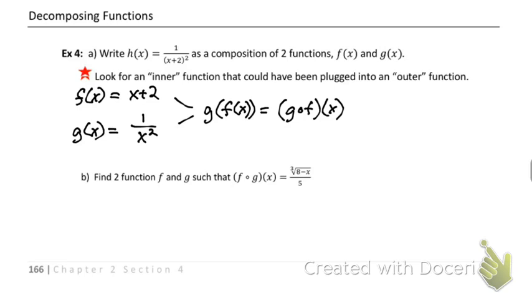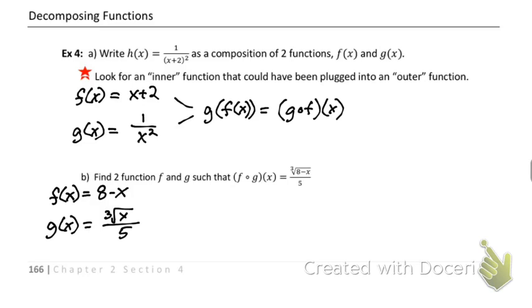Our next one, I'm going to do it slightly different. We're going to find two functions that emulate this one. So my first one is, let's do f of x equals 8 minus x. Then let's do g of x equals the cube root of x over 5.